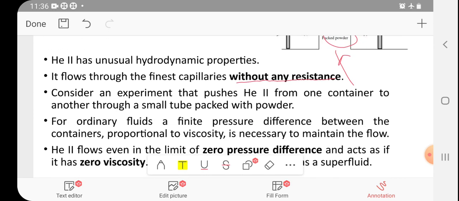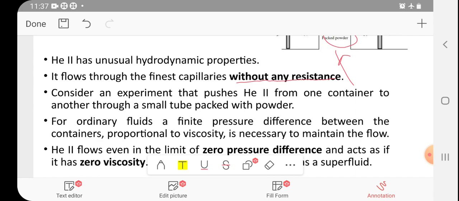For ordinary fluids, a finite pressure difference between the containers, which is proportional to viscosity, is necessary to maintain the flow. Now, it is quite obvious. Suppose that the fluid is ordinary and you want to make it flow from one container to the other through this pipe.